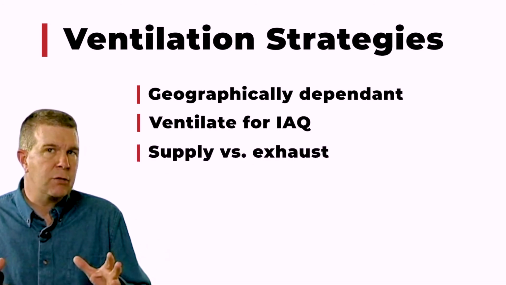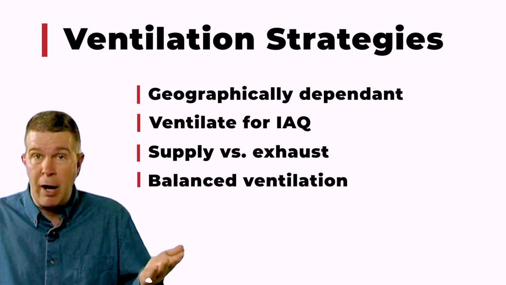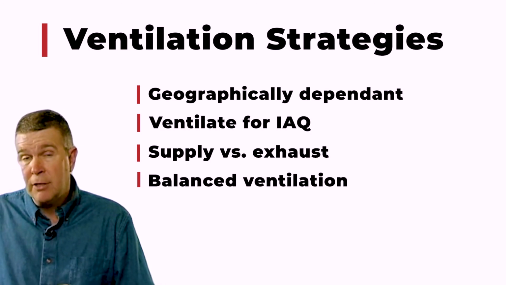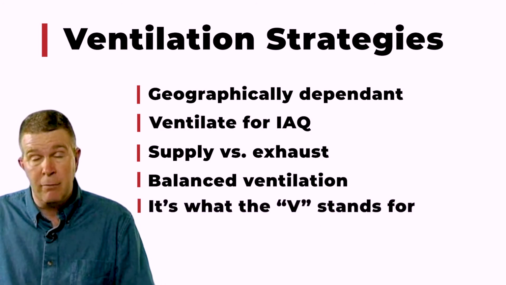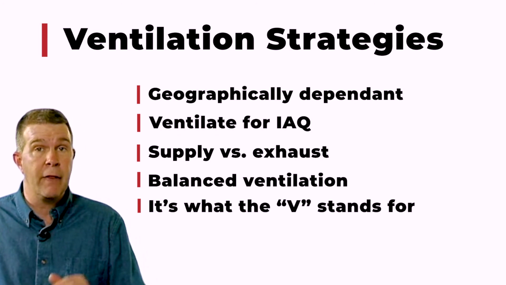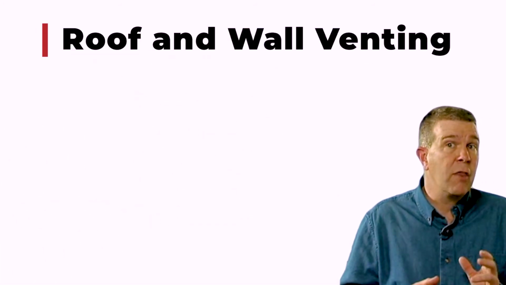And this ventilation strategy has a balance between supply and exhaust air. We need to understand how all that works together. Most importantly, when you're dealing with that HVAC contractor, remind him that he's got a V stenciled on the side of his van. He also has to work with ventilation, and there needs to be a strategy to bring that air into the house.